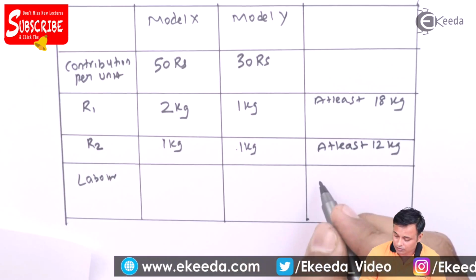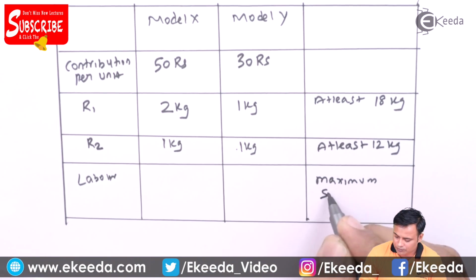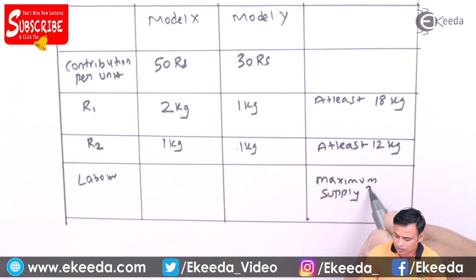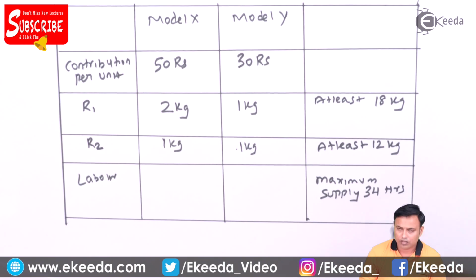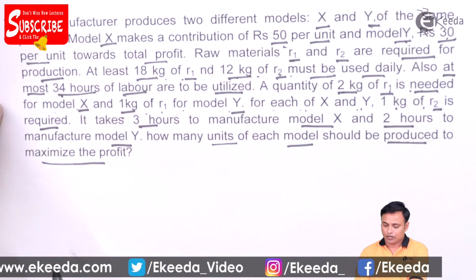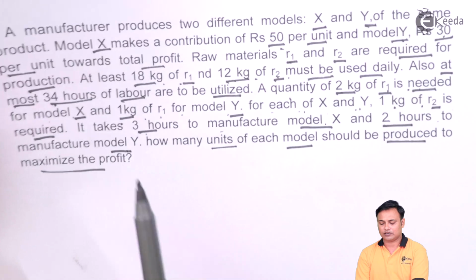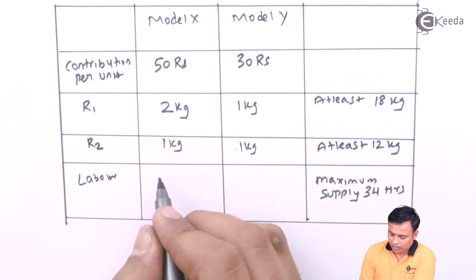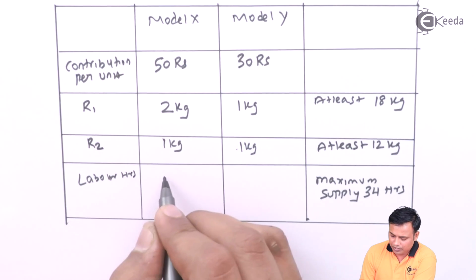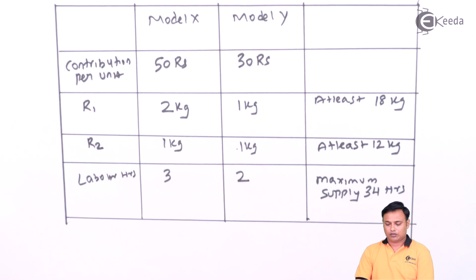So it is the maximum supply, 34 hours. Next, it takes 3 hours to manufacture model X and 2 hours to manufacture model Y. So labor hours में आपका यहाँ पे लगता है 3 hours और यहाँ पे लगता है 2 hours. And with this we are done with the table now. Now we will go for the assumptions.